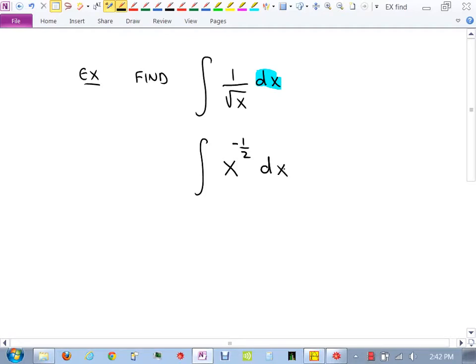And using that rule we just used, 1 over n plus 1, x to the n plus 1, this should be equal to 1 over, what's n plus 1 here? -1/2 plus 1, which is 1/2, x to the 1/2 again, plus some constant, right? But 1 over 1/2 is really 2, and what's x to the 1/2? Square root of x, plus a constant.